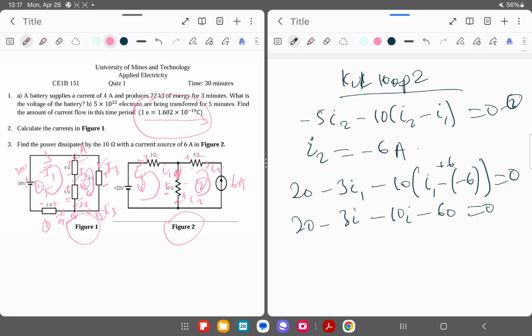So when you simplify for the current, you end up getting, okay, let me see, 20 here, 20 minus this, you get minus 40. So if you take minus 40 here, minus, you get minus 13i1 equals 0.